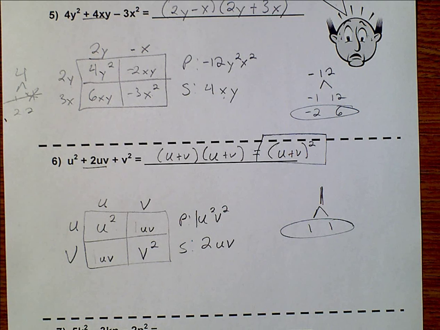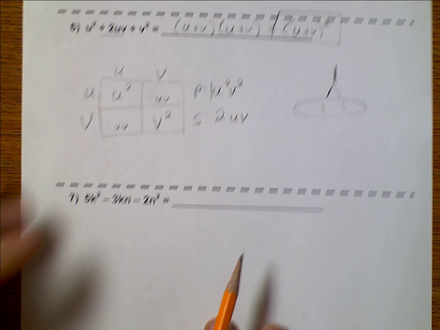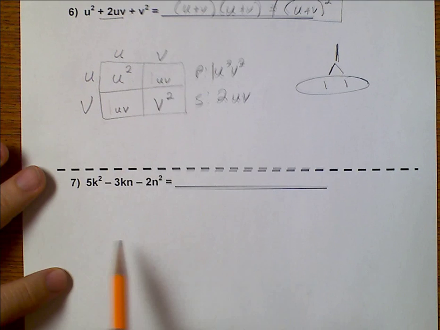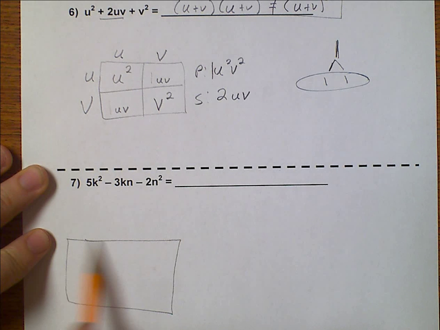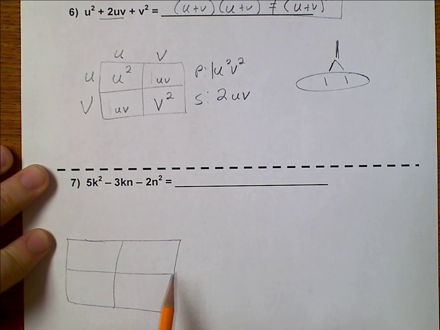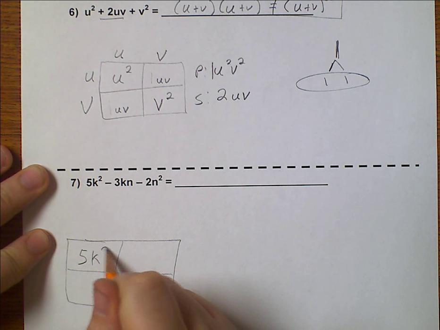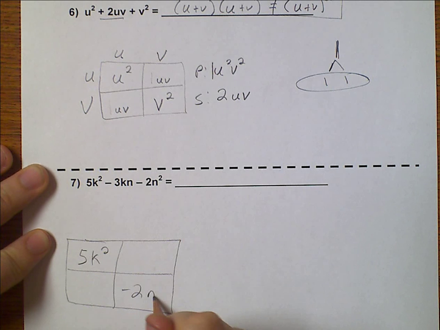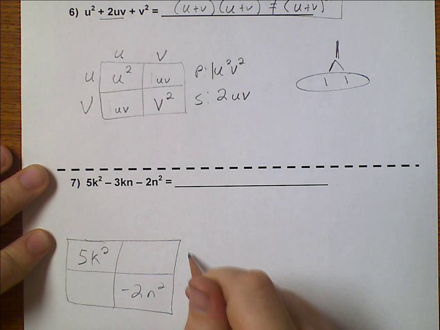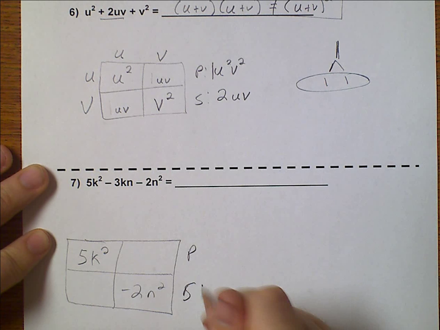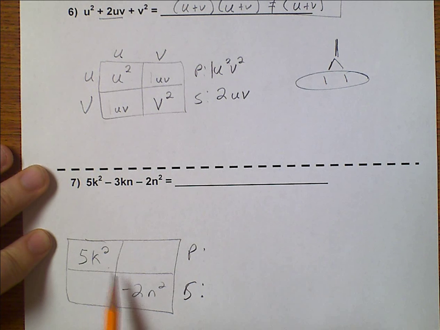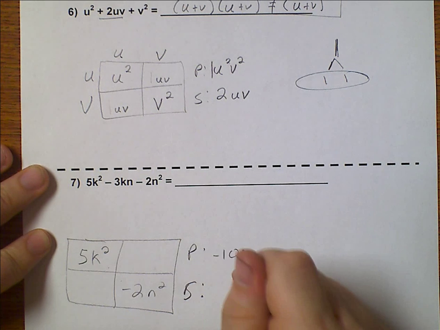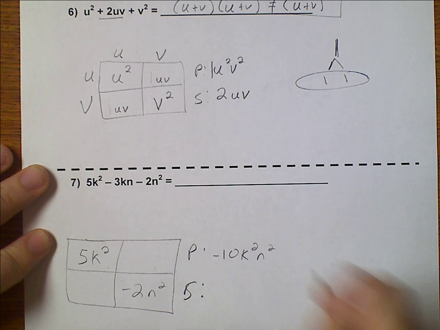And now for the last example, problem number 7. 5k squared, negative 2n squared. My product and sum, well, 5 times negative 2 is a negative 10, k squared, n squared.